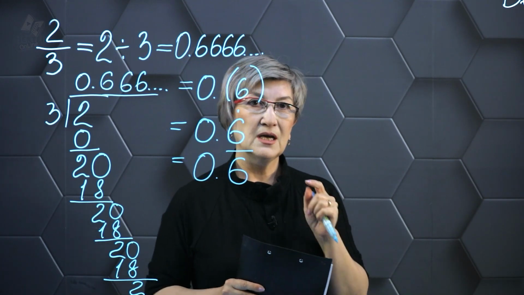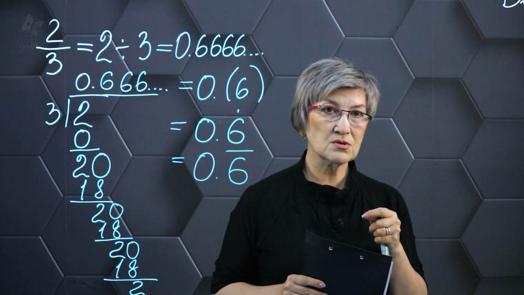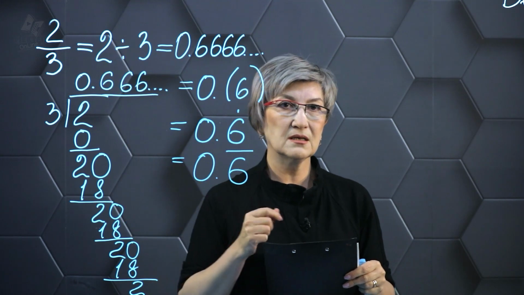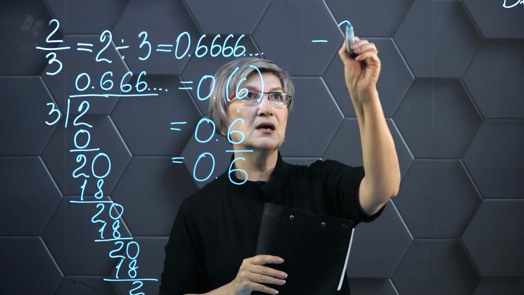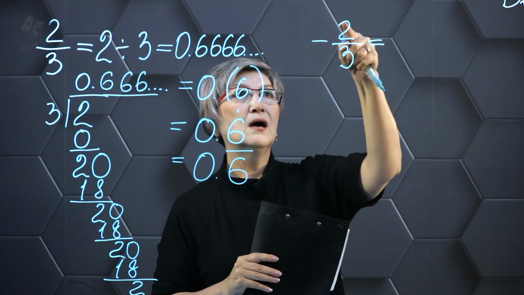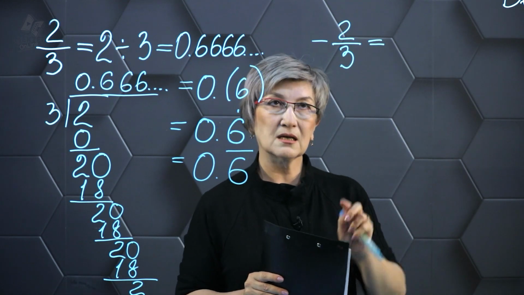Another example, if the minus sign appears in a fractional number, it doesn't affect the algorithm for writing a decimal fractional number. For example, if I have a fractional number minus 2/3, the algorithm for dividing 2 by 3 doesn't change.